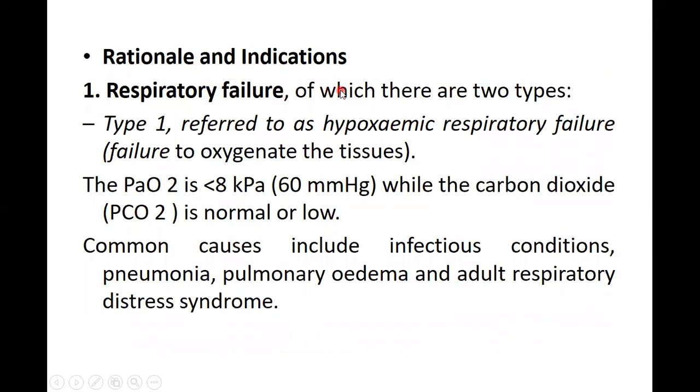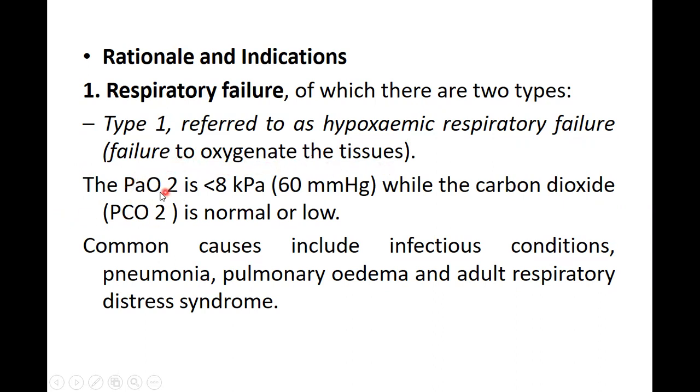Why should we give oxygen? What are the indications? Respiratory failure. There are two types of respiratory failure. Type 1 is also referred to as hypoxemic respiratory failure. This is failure of oxygenation, failure to oxygenate the tissues.